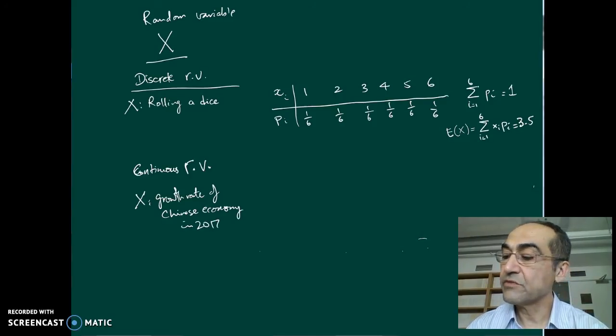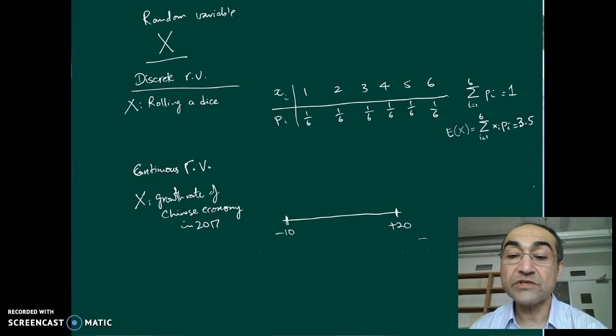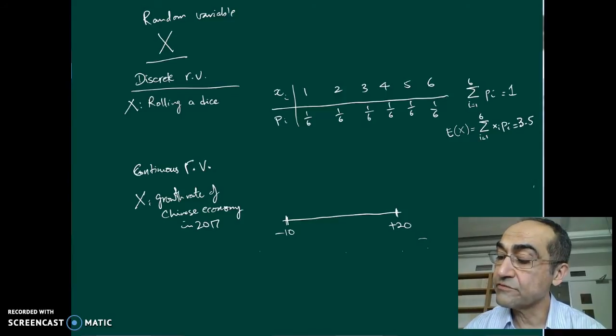Say the possible outcomes are anything between say -10, highly unlikely, to again +20, that's also highly unlikely. But then some outcomes are more likely than the other, and the probability law that gives these possible outcomes, we show it by a probability density function.